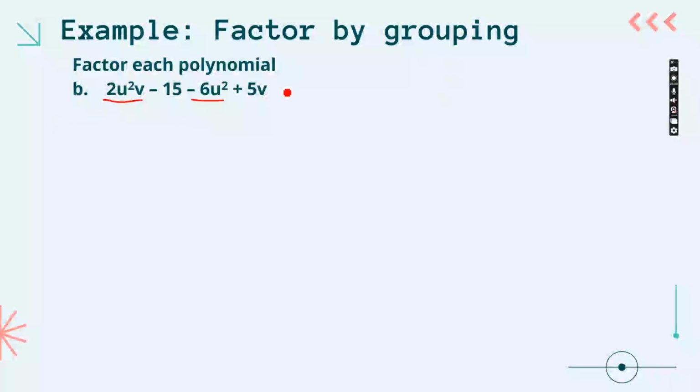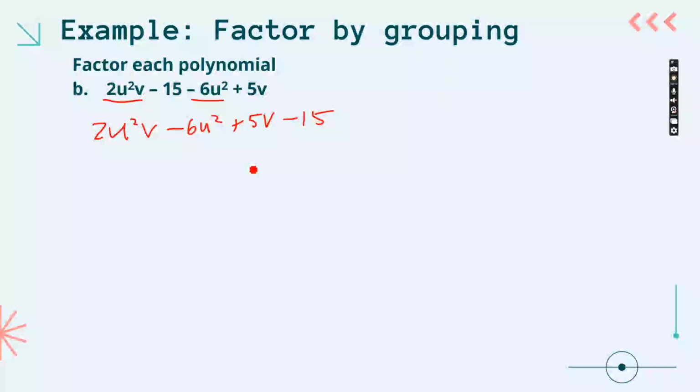For example, if I want to move this around so it looks a little bit nicer for me, I would probably move my negative 6u squared up one space to the left while keeping the 15. We can also move that around actually. We can move the positive 5v first and then move the 15 down more. It's kind of like we're changing this into standard form, right?